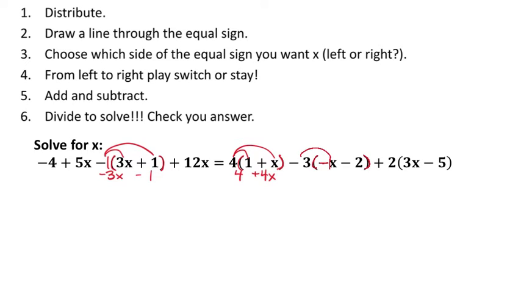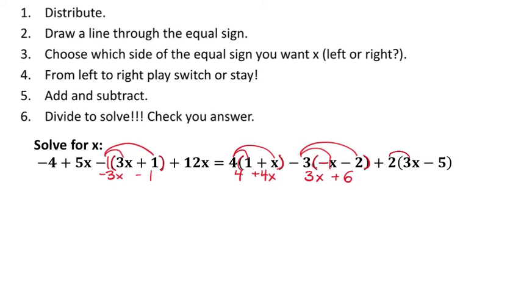I am distributing here, though, a negative 3, not just 3, a negative 3. So that's negative 3 times negative 1x's, which is 3x's. And then negative 3 times negative 2, which is positive 6. So once again, the positive is shown with addition right there.